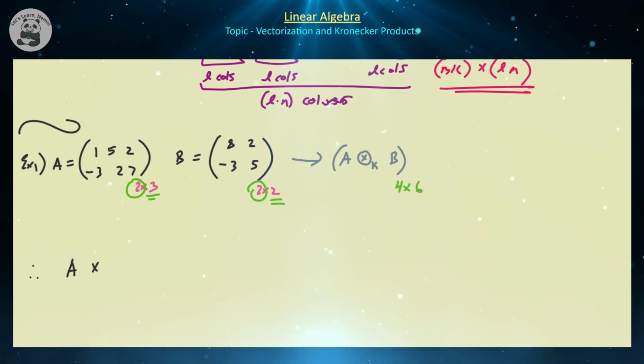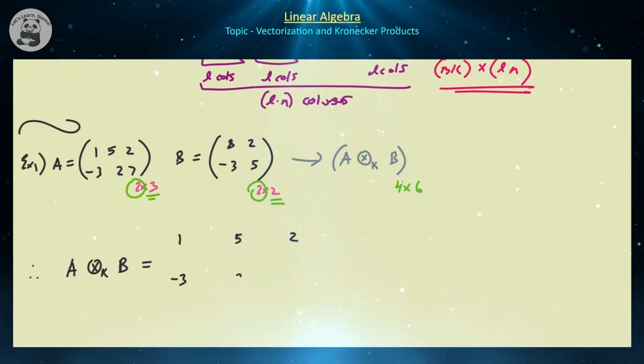So the Kronecker product of A with B is going to be equal to, so what I want to do is first off list my constants. So I'm going to have 1, 5, 2, minus 3, 2, 7.